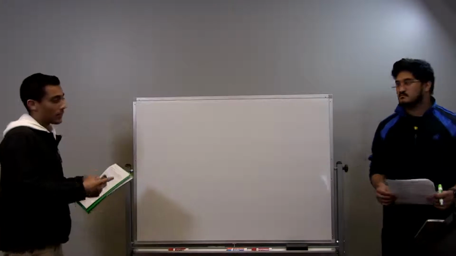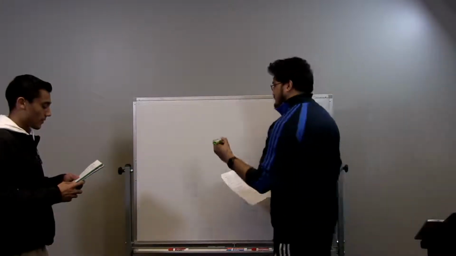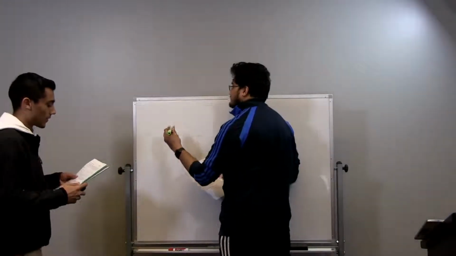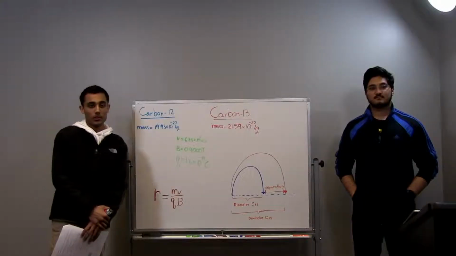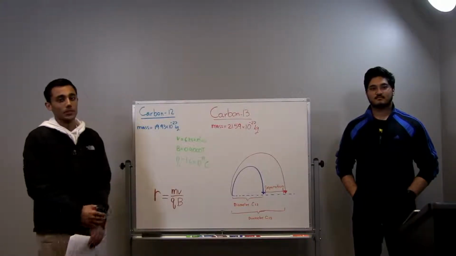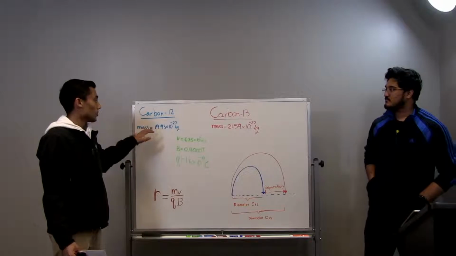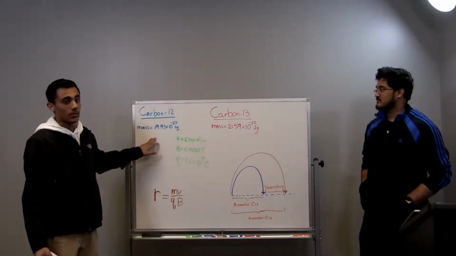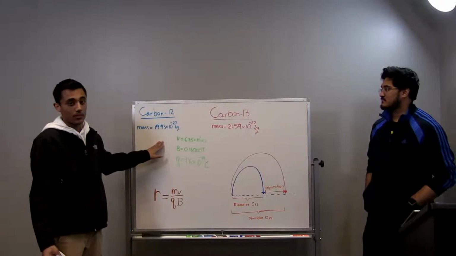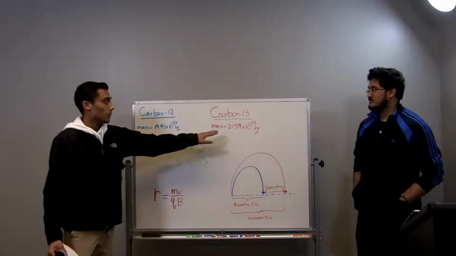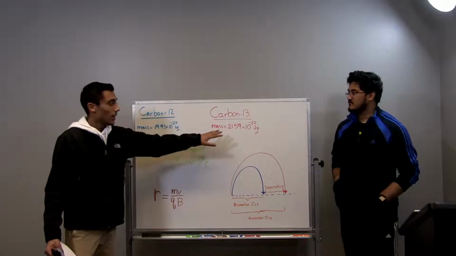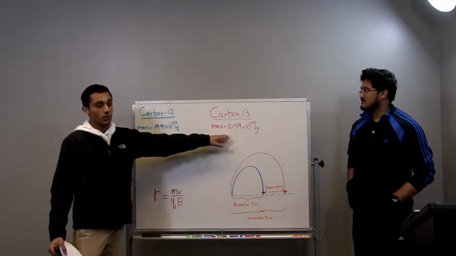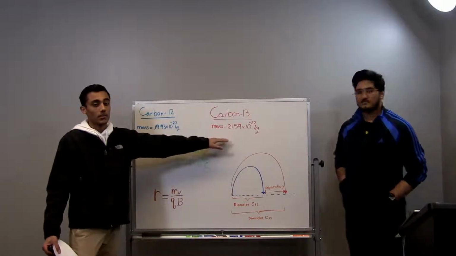Now let's write down what we're given and break down all the components and variables of this problem. Based off that passage, we were given a lot of information. Carbon-12 has a mass of 19.93 times 10 to the negative 27th kilograms, and carbon-13 has a mass of 21.59 times 10 to the negative 27th kilograms.